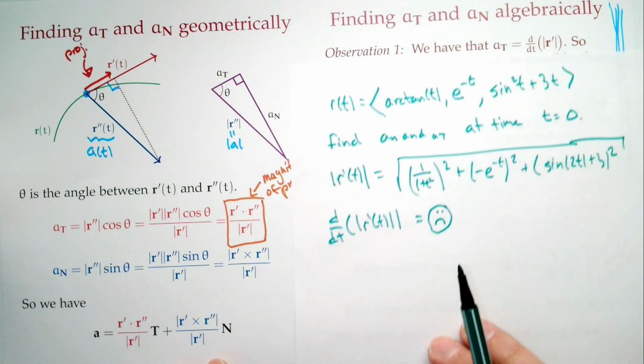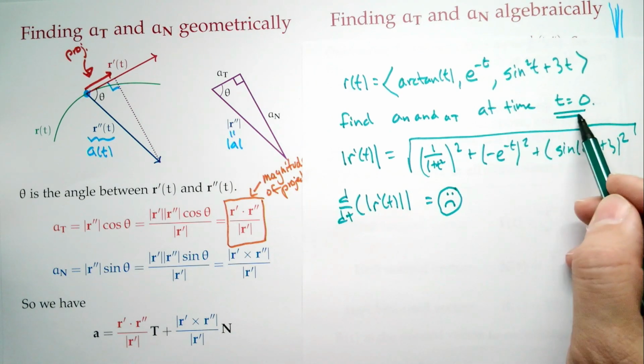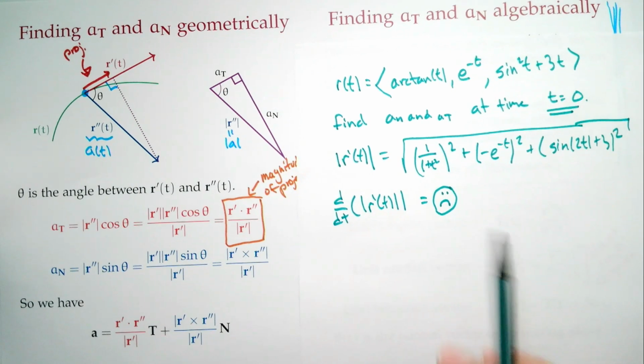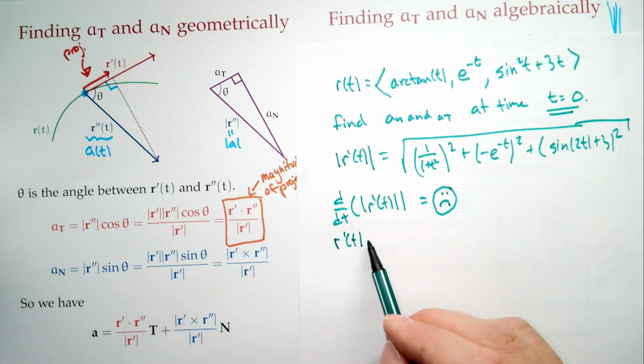But here, we had this advantage. Notice, we have this at time t equals 0. So that's going to save us some work. Why? Well, suppose I wanted to find this geometrically. All right. Well, let's take r prime of t, and what is that?